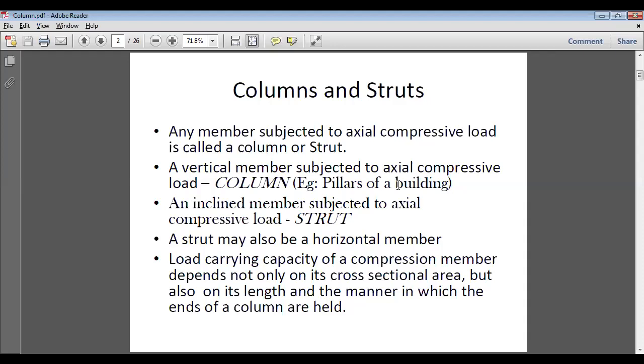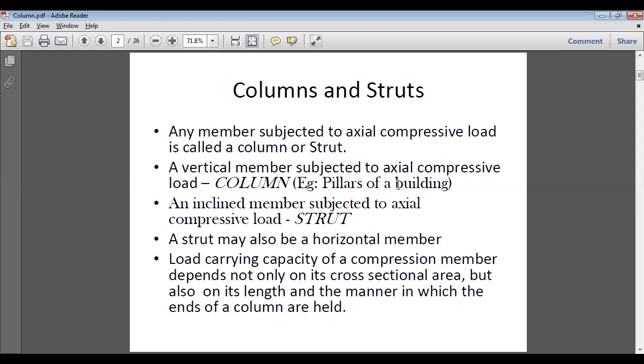The load carrying capacity of a compression member does not depend only on its cross-sectional area, but also on its length and the manner in which the ends of the column are held. That means the loading conditions are very important, as well as the length of any load carrying element.